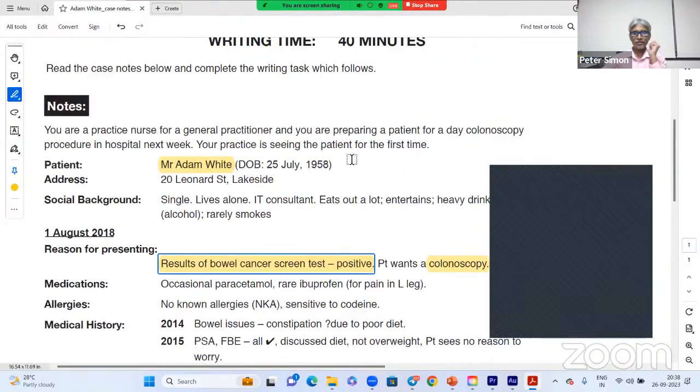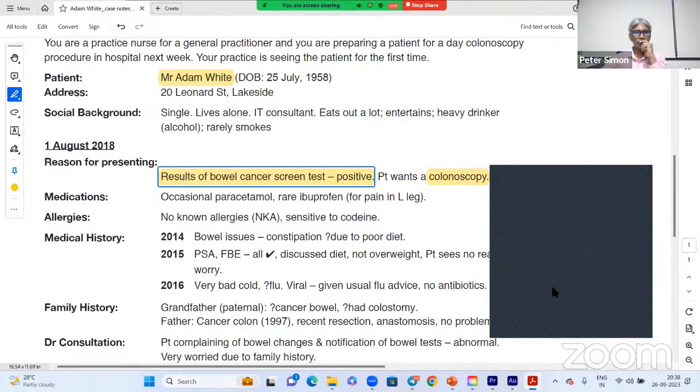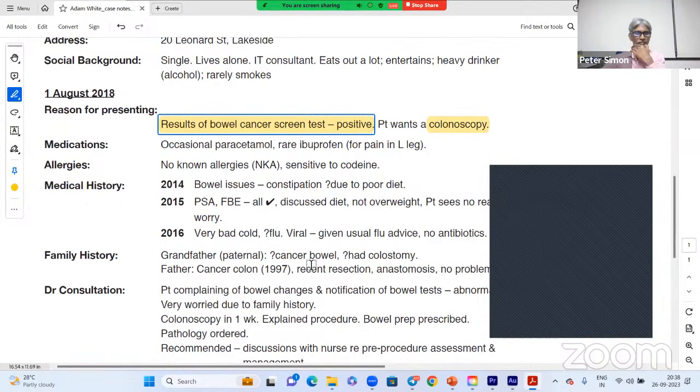So you are writing the letter. Now, grandfather, possible colon cancer of the bowel, had colostomy. So paternal grandfather and father had colon cancer.